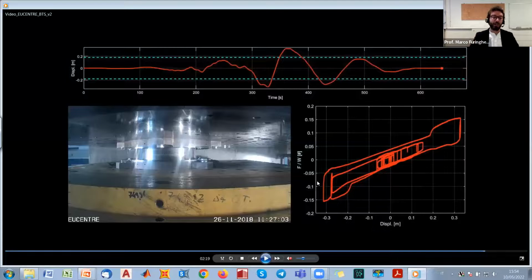So this is the maximum damage that you can have if you don't go for displacements higher than that value.